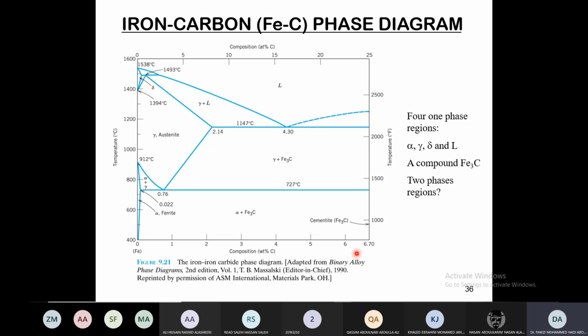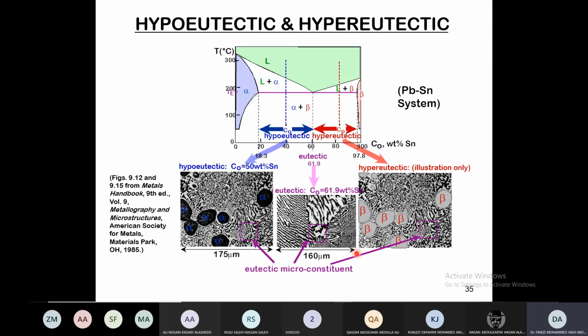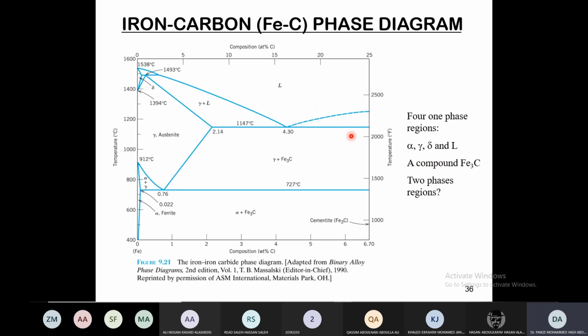Now, if you notice here, unlike the other phase diagrams, for example the lead-tin diagram or the copper-nickel diagram, where we went from 0 to 100%, in this case we are going up to 6.7% carbon only. Why?